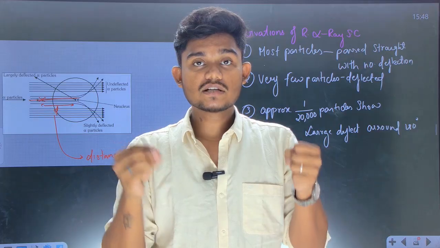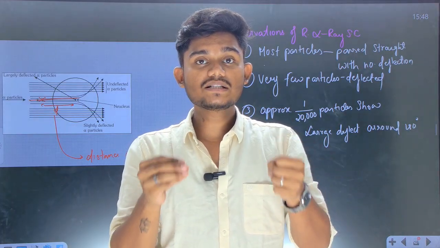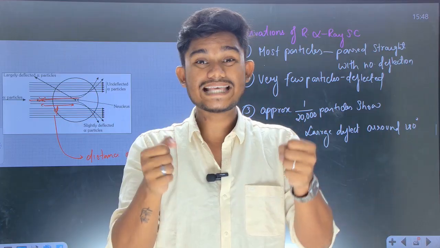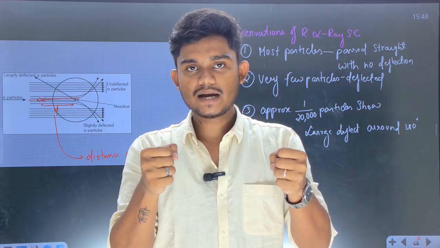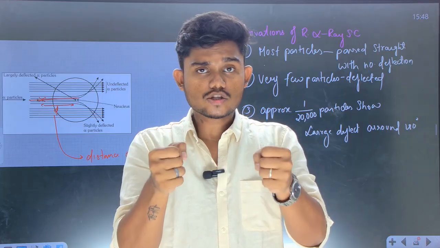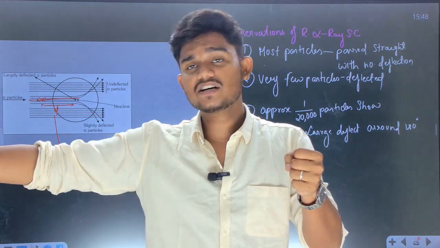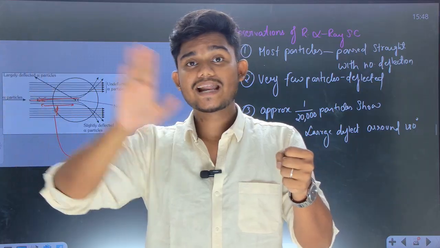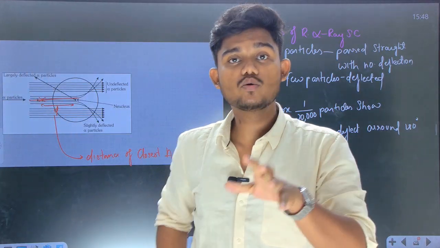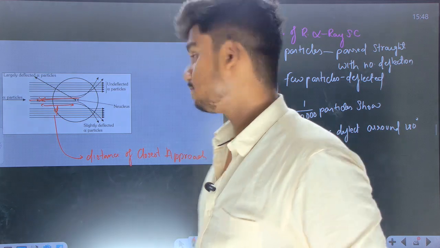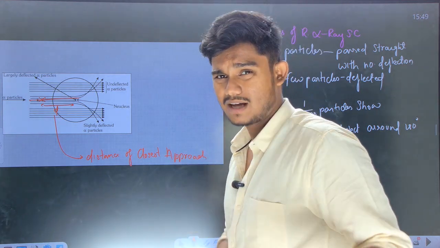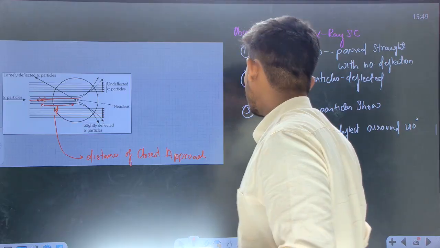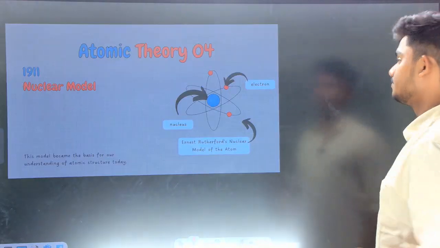After a certain point, due to the repulsive forces between like charges, the alpha ray particle gets close to the nucleus and reverts back along its path at around 180 degrees. So I hope you have understood Rutherford's atomic model.